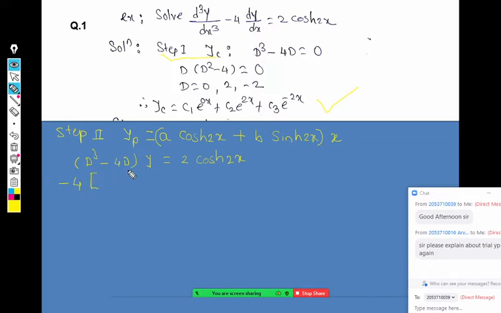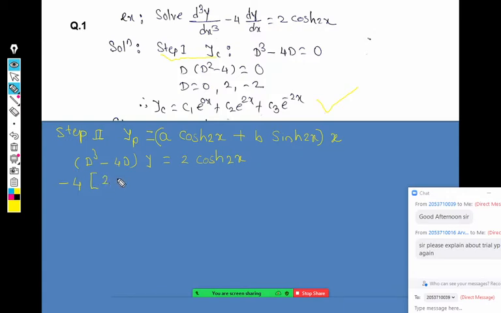Can anyone predict what should be the first derivative of this yp? First of all, the bracket as it is. It is 2a sinh 2x plus 2b cosh 2x, correct, into x. So there are two terms now.